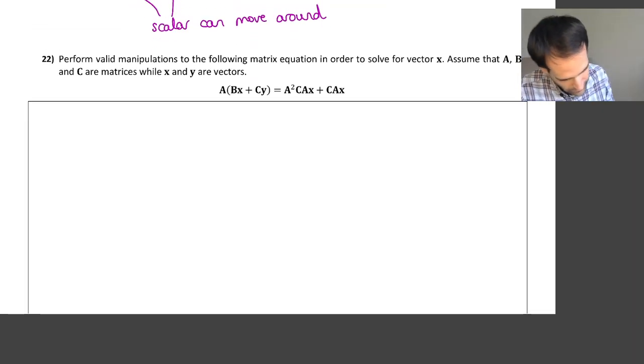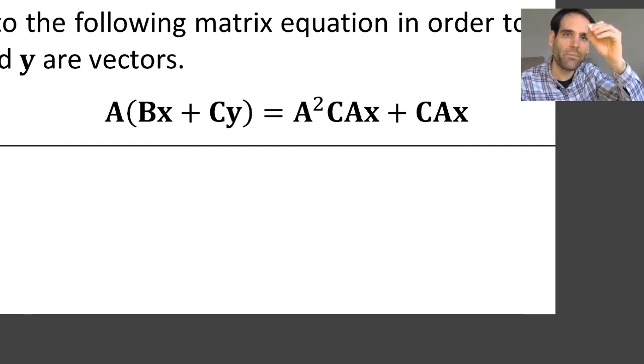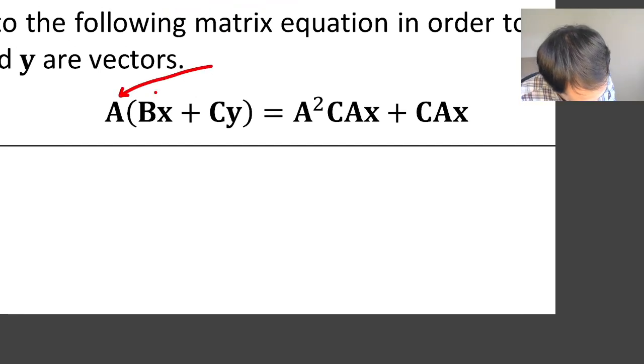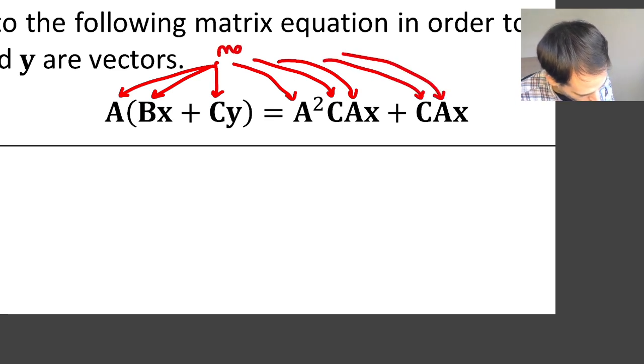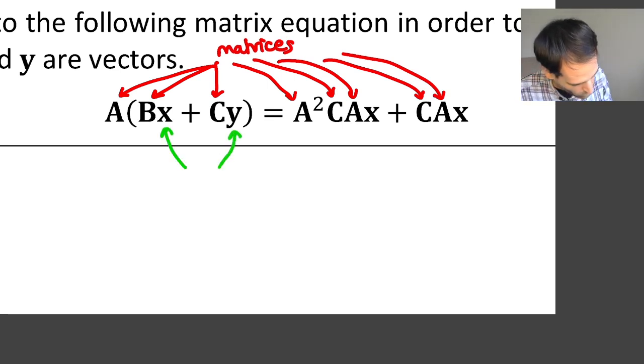So here I write an equation in which A, B, C are matrices. That's why I'm using uppercase letters. All of these are matrices. And then the lowercase things, which are x, y, these are vectors.